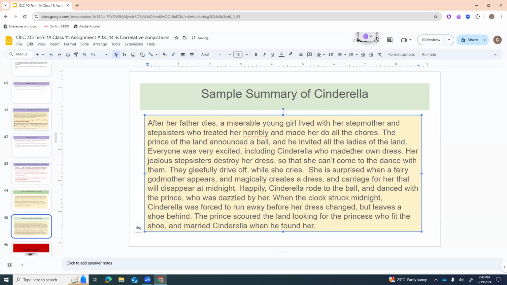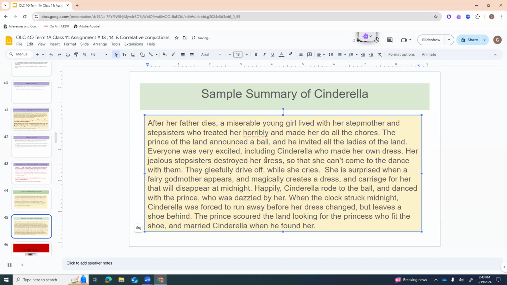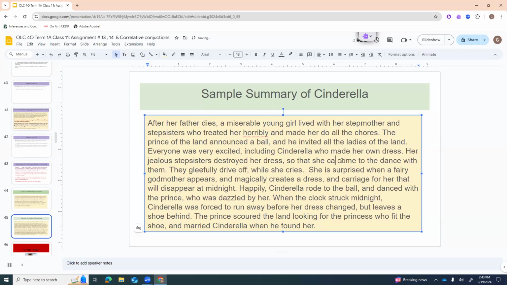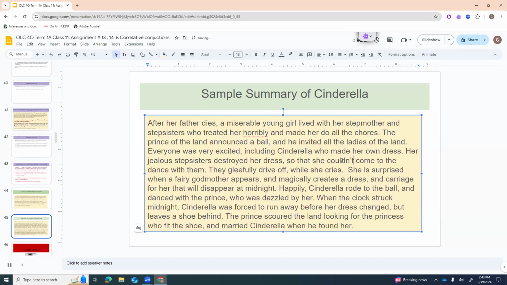Her jealous stepsisters destroyed her dress so that she couldn't come to the dance with them. They gleefully drove off while she cried. Okay, now it all matches.